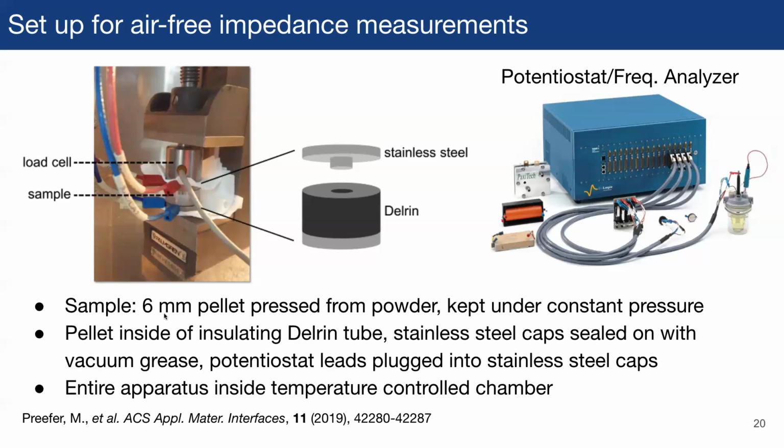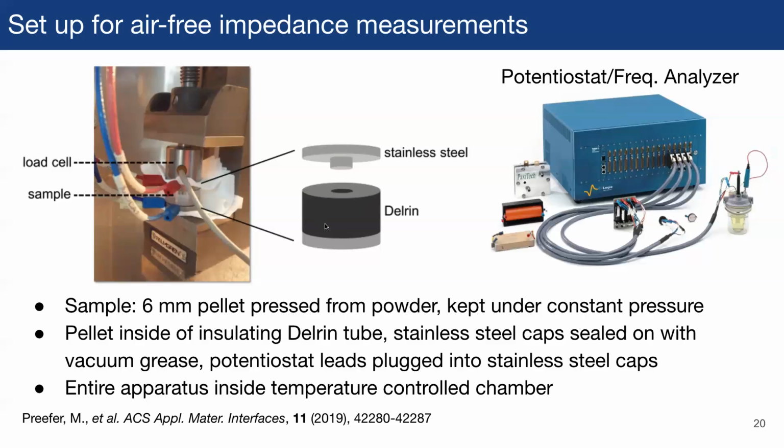So our sample ends up being just a 6 millimeter pressed pellet from powder that we put into this impedance cell. And this casing here is Delrin plastic that we then apply vacuum grease to the top and the bottom down here in order to actually seal it and make it airtight.